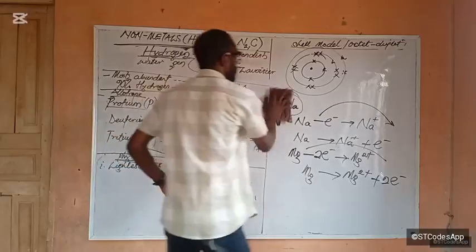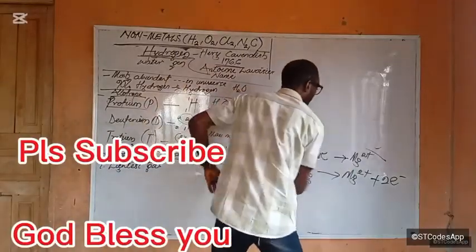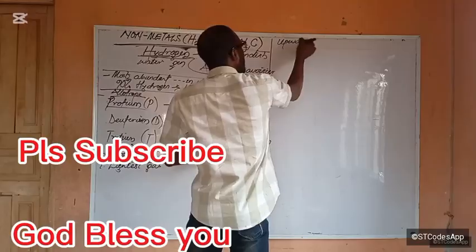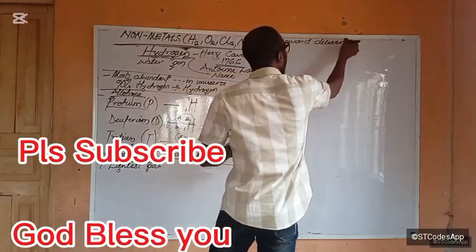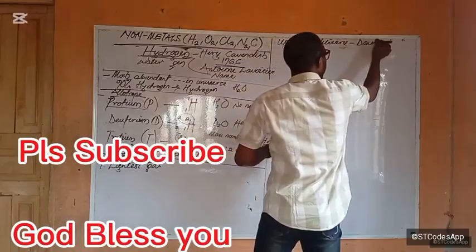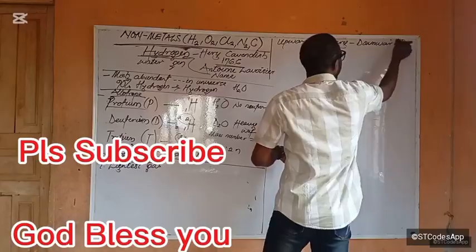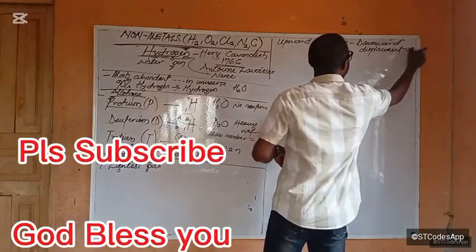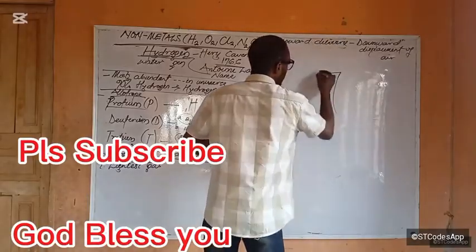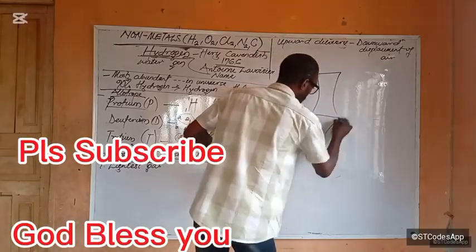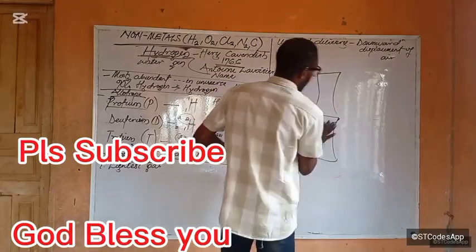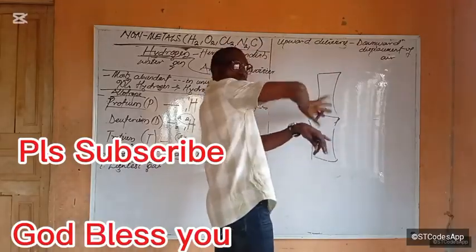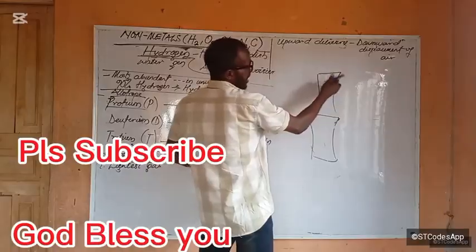Don't forget that. When you collect a gas by upward delivery, another name for it is downward displacement of air. I'm going to explain how. What that means is this. If I have a gas jar and I put hydrogen here, and I use another thing to cover it, there will be air here.